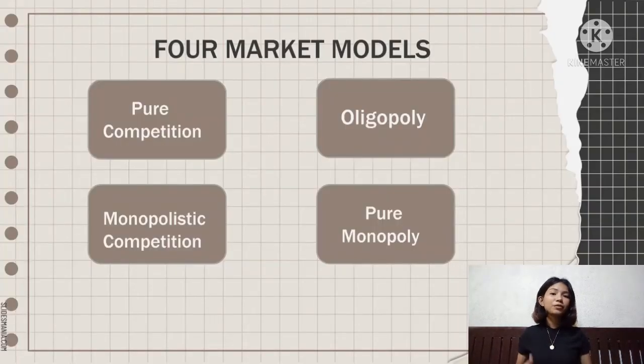As per the previous group, they mentioned the four market models, and they are perfect competition or pure competition, the oligopoly market, the monopoly market, and monopolistic competition. As mentioned earlier, each market has different characteristics, but we will be focusing on the pure market.